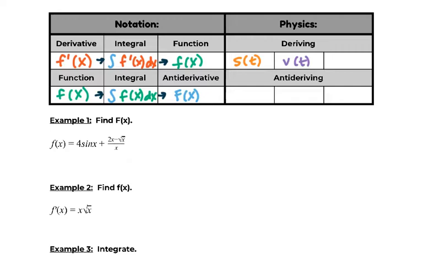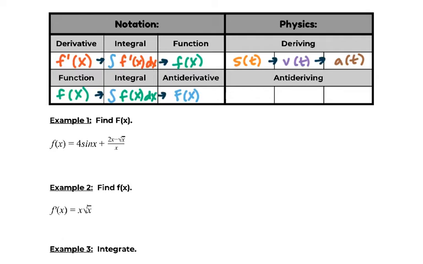And when we derive velocity, we get, what color do we want to use? Oh, this will be exciting, brown. We get acceleration. So again, we go from position to velocity, or how the position is changing, and then from velocity to acceleration, or how the velocity is changing.